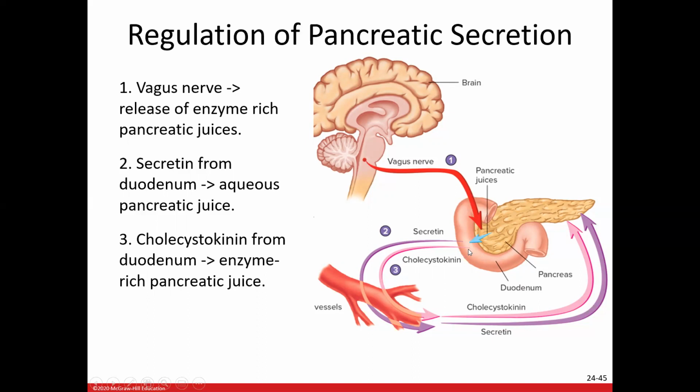Additionally, you're going to have secretin and cholecystokinin that come from the duodenum, which are going to both go to the bloodstream and then end up back at the pancreas, and that's going to stimulate the additional production of pancreatic juices. So stimulation from the brain, and then stimulation from the hormones secretin and cholecystokinin.